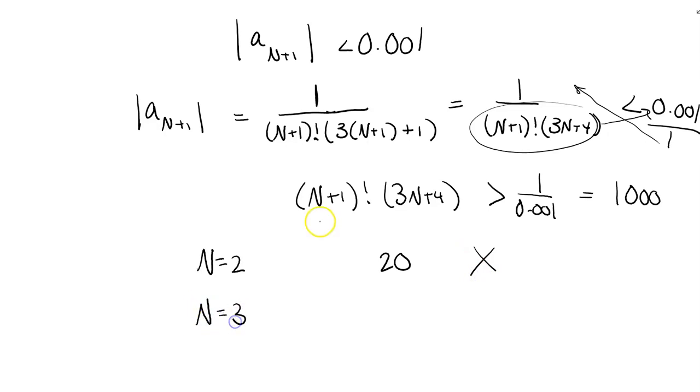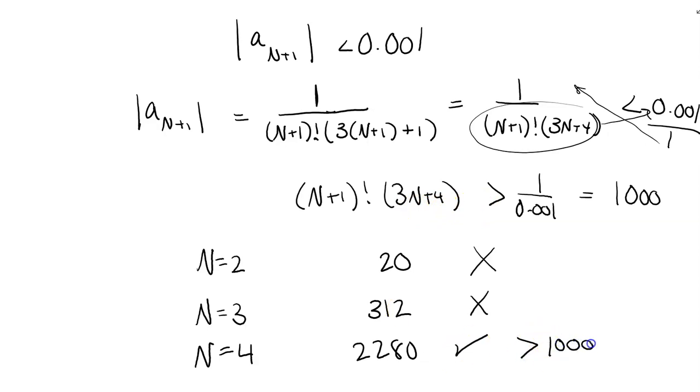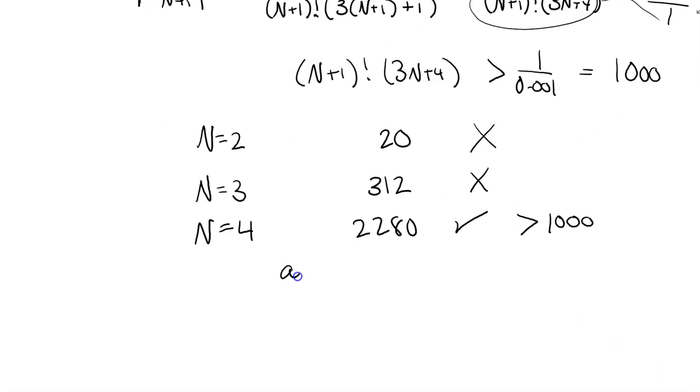If I plug a 3 into this, that would be 4 factorial times 3 plus 4, and that gives me 312. So again, not bigger than 1,000. But if I plug in n equals 4, it would be 5 factorial times 12 plus 4, so 16, and I get 2,280. That is bigger than 1,000, so that is what I need. So I need at least 4 terms.